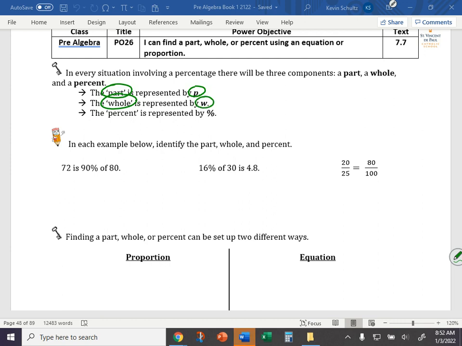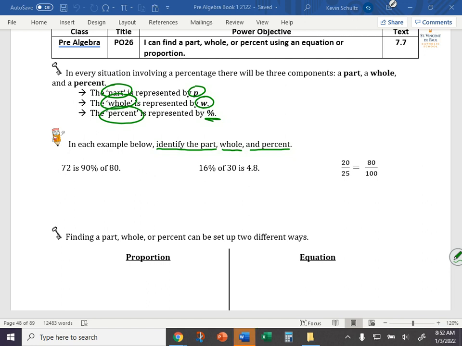And then percent, but because variable p has already been used for part, we just use the percentage symbol. So those are the three pieces of the percent equation. To start, we're going to look at identifying the part, the whole, and the percent in a situation where you use this percent equation.